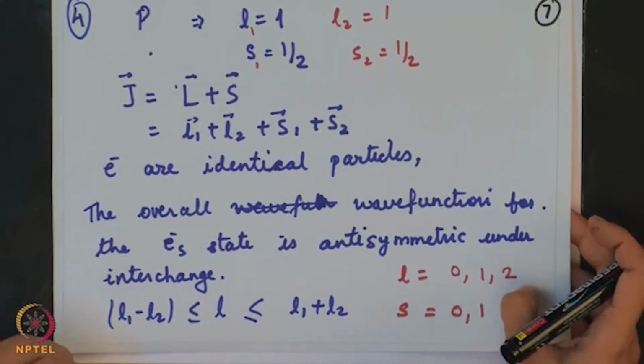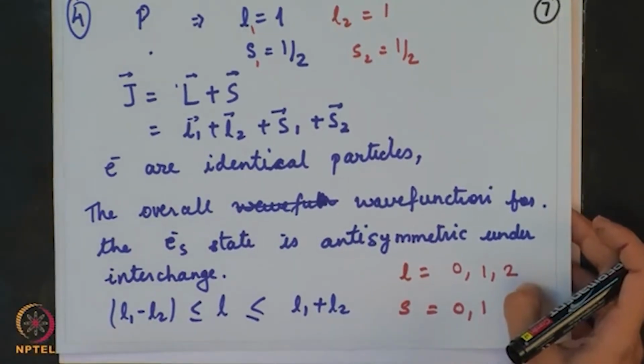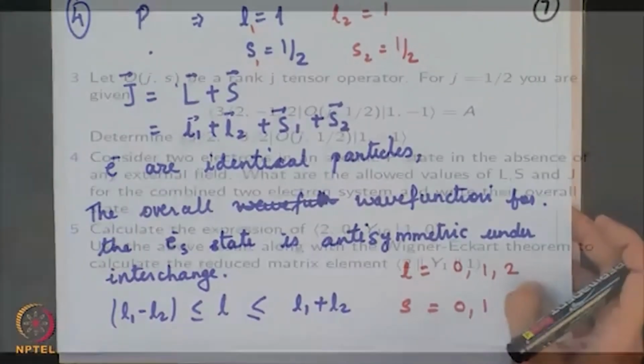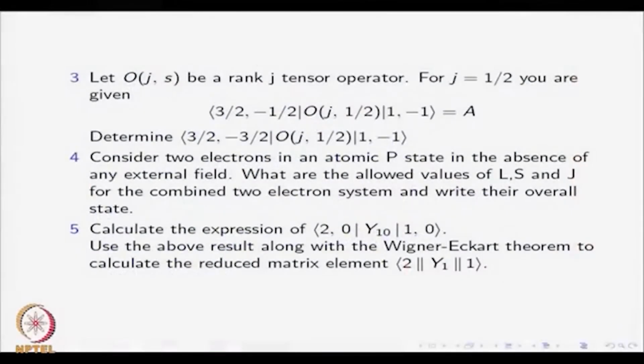Which combination will be allowed? The combination which gives me a symmetric state will be forbidden, sorry, and the combination which gives me an antisymmetric state will be the allowed state.